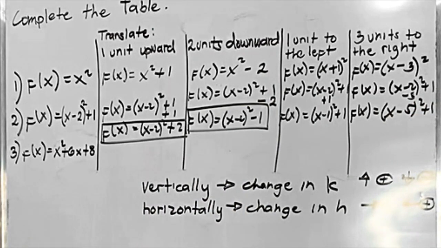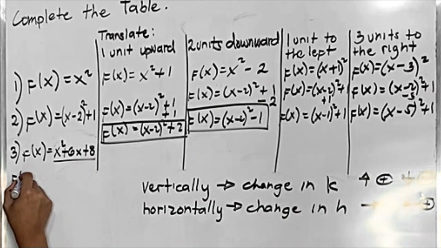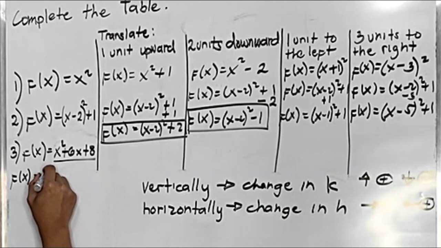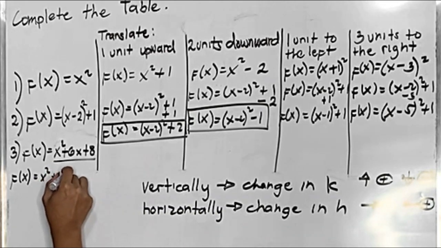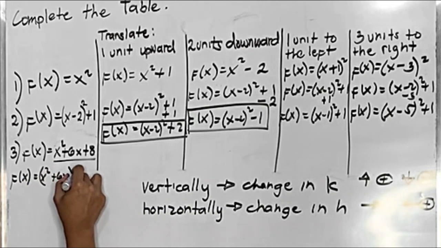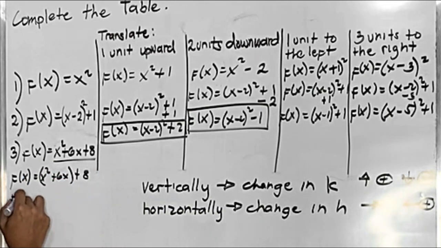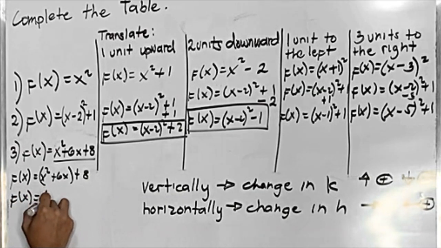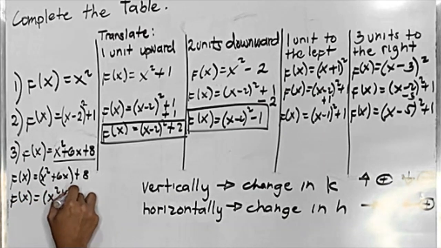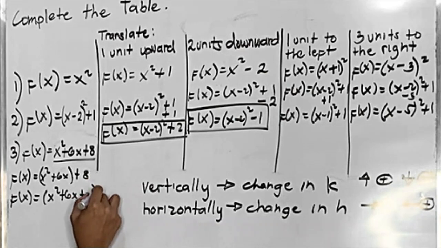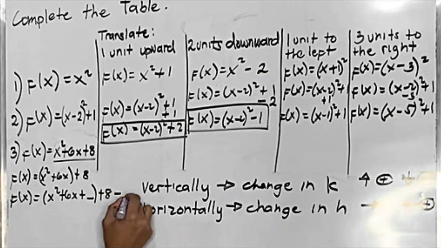Now let's have f of x is equal to x squared plus 6x plus 8. In this case, you need first to write it in vertex form. So f of x is equal to x squared plus 6x. Regroup the first two terms. So f of x is equal to, to complete the square, x squared plus 6x plus blank plus 8 minus blank.